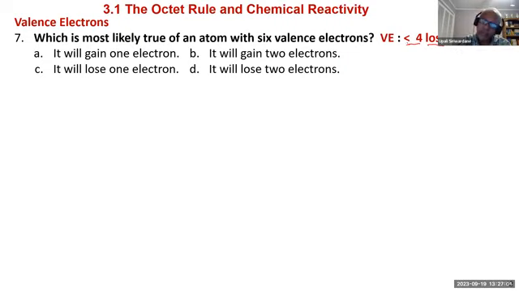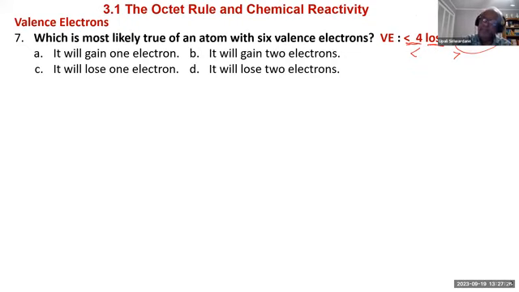If the valence electron number is less than 4, they become cations.